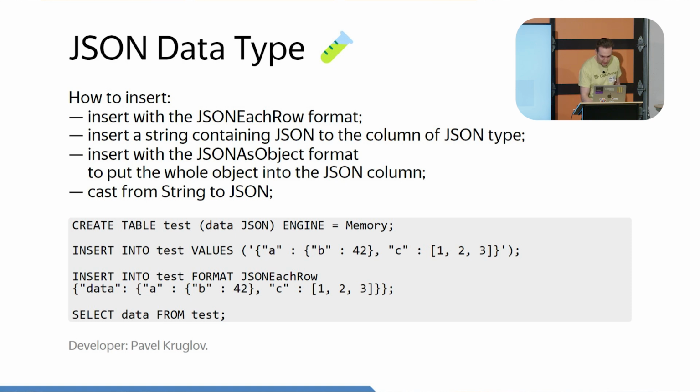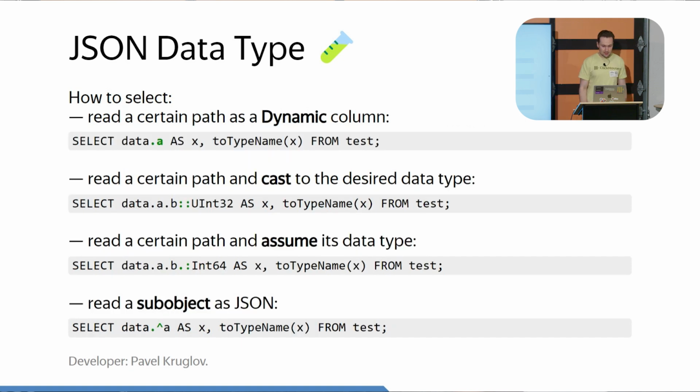And in this example, I inserted it directly from a nested object. And to analyze this nested data, I can use the usual syntax with dot notation. Here I'm extracting nested subobject a and a field b, and I'm casting it to UInt32.